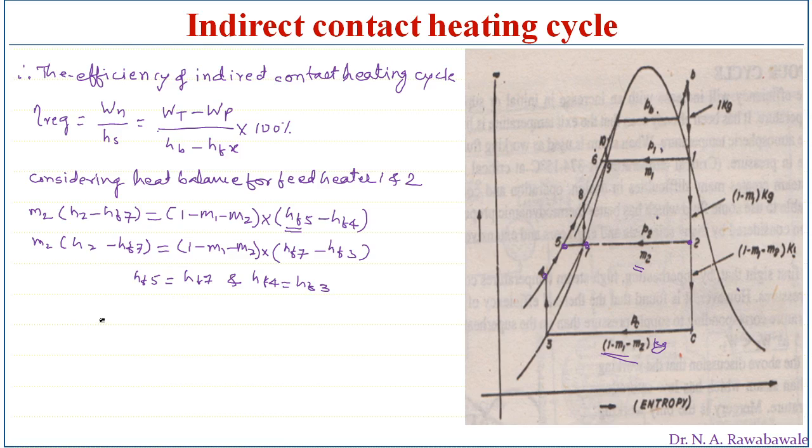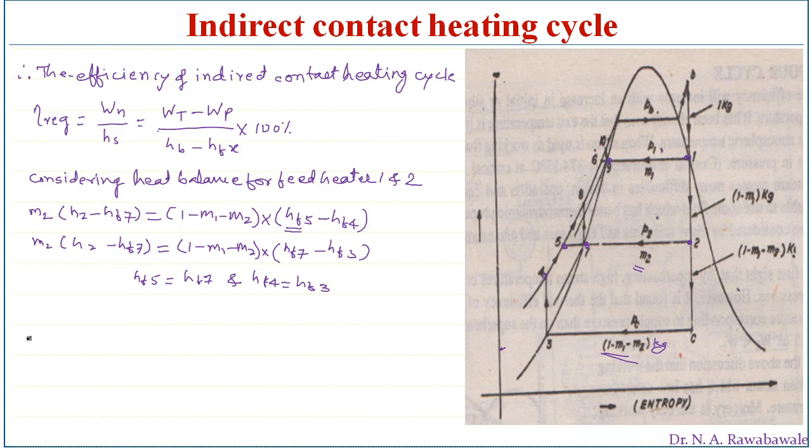Then looking at the second heater, to write the equation for the second heater, we can write here, in the second heater M1 kg of steam is giving heat to reduce its enthalpy from 1 to 9.